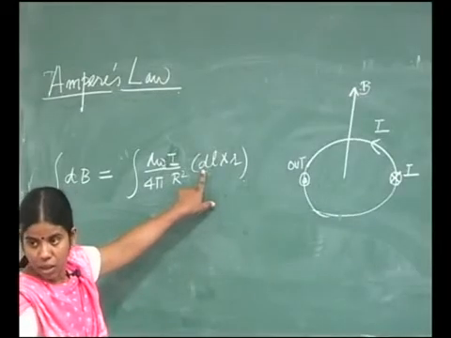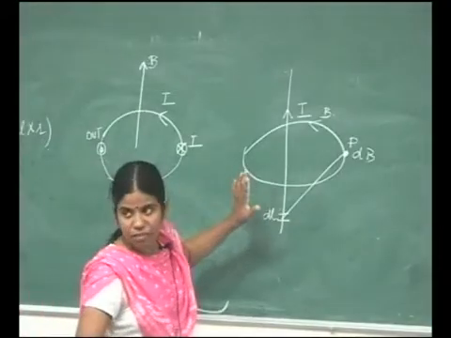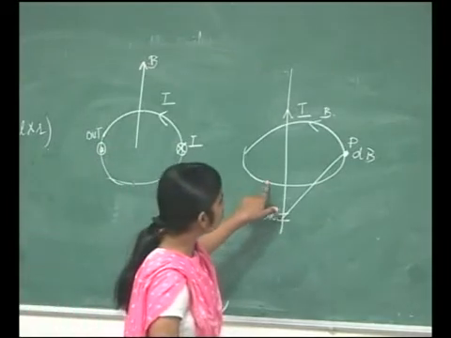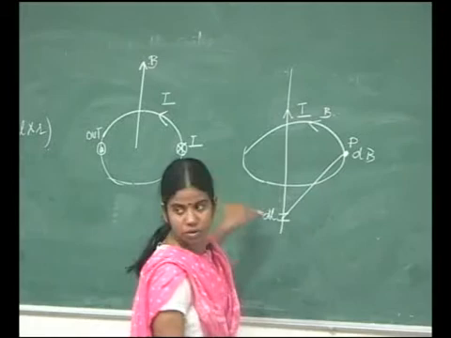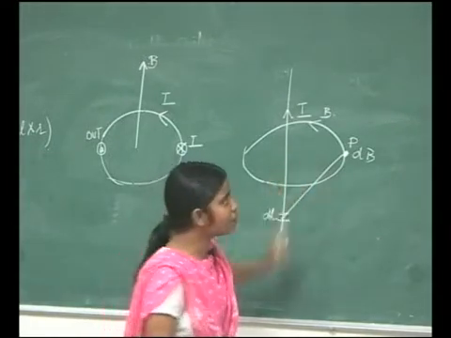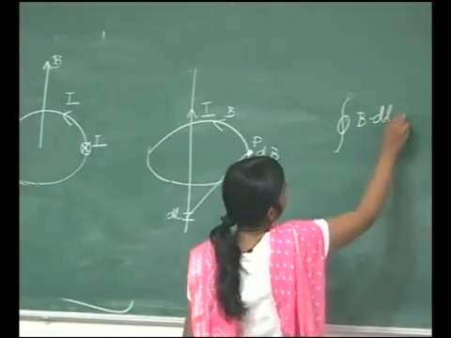But now what if I start to move over this loop? Earlier I was not moving. If I start to move over this loop, then what would happen? I will have B dot dl.